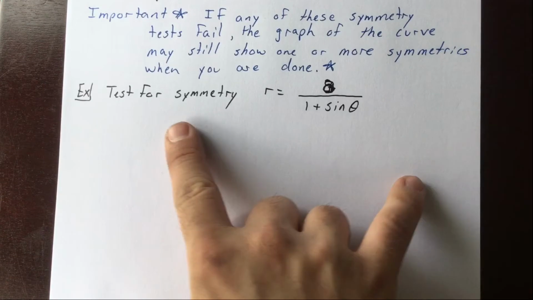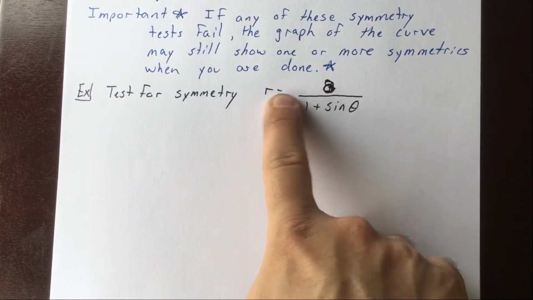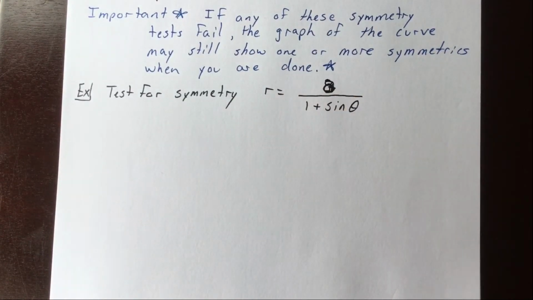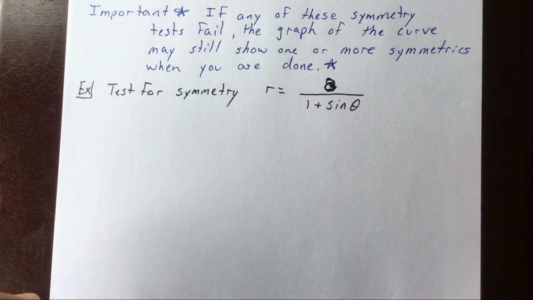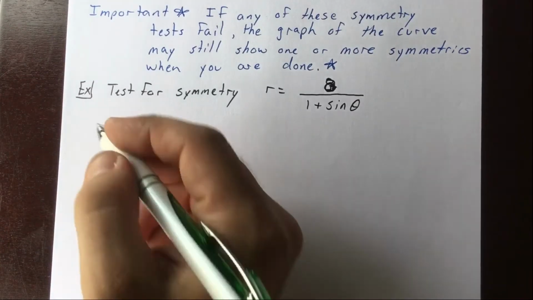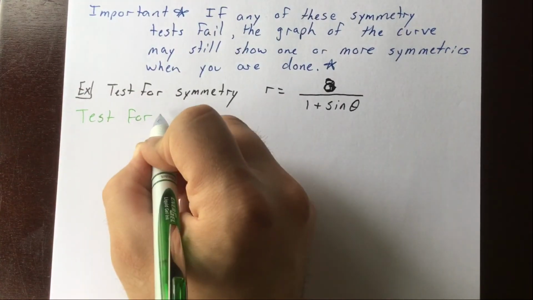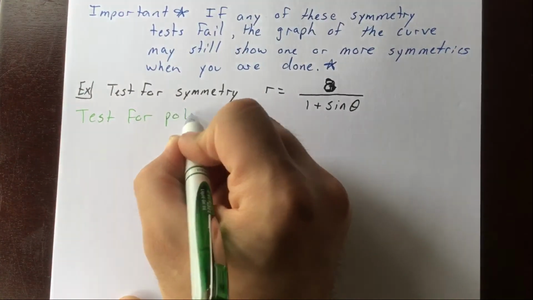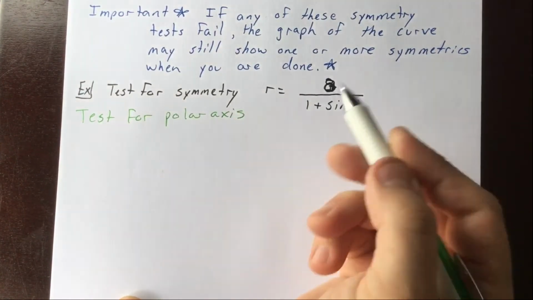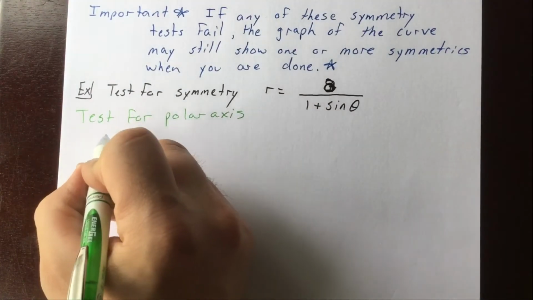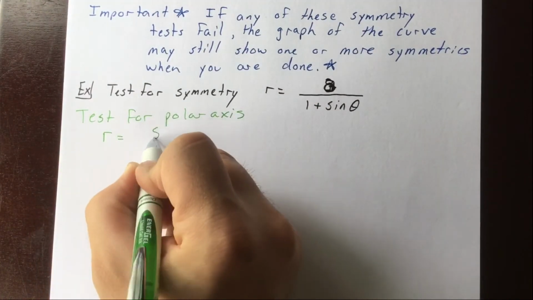So looking at test for symmetry, this is number 8. r equals 8 over 1 plus sine theta. Let's test the symmetries. We have 3 tests we're doing in this problem. Let's test for polar axis. That's where we replace theta with negative theta.